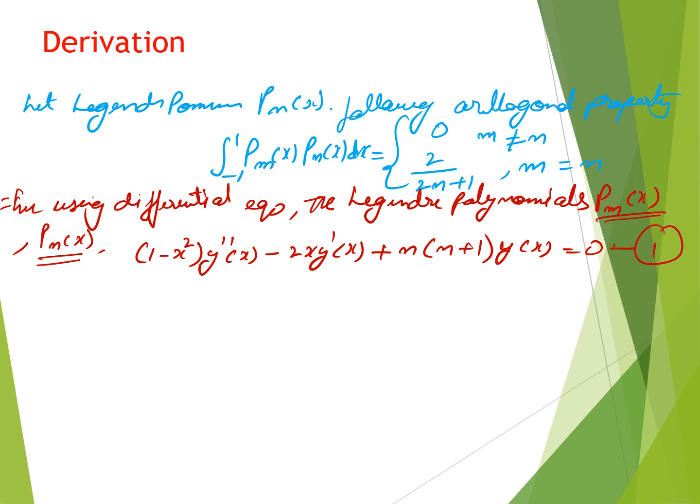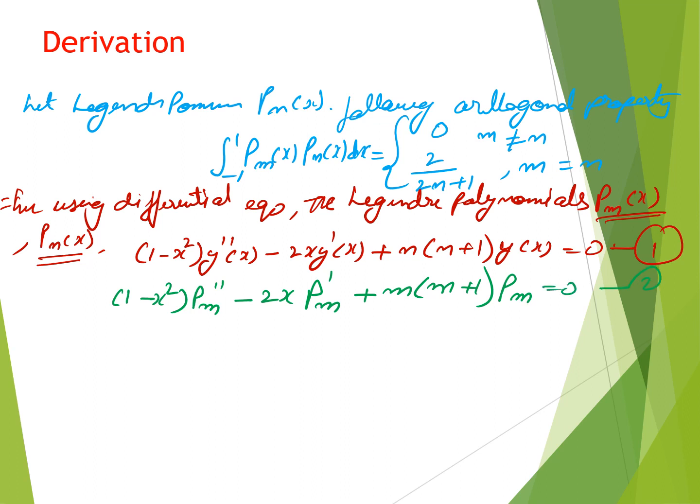So we substitute here, we get (1 - x^2) Pm'' - 2x Pm' + m(m+1) Pm = 0, equation 2.